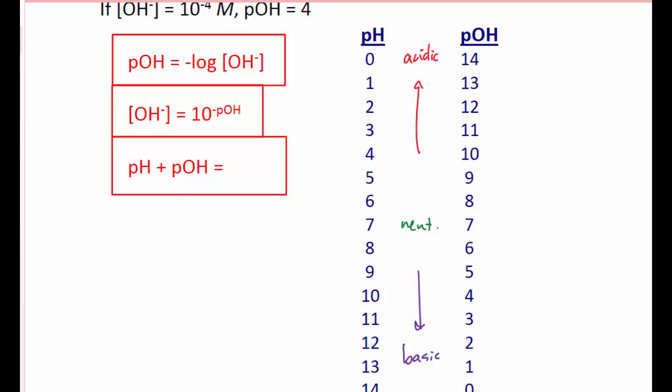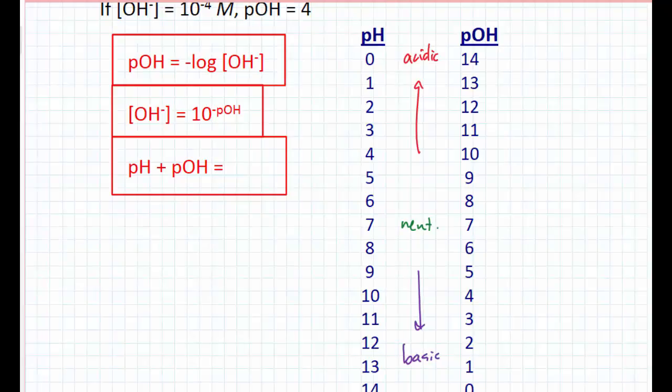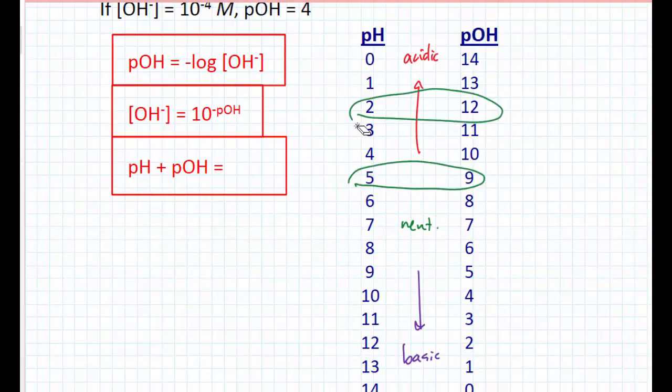Okay? But to calculate one from the other, just look at any pair. Look at the relationship between pH and pOH. For any solution, what does pH plus pOH equal to? See that? 14. pH plus pOH is 14.